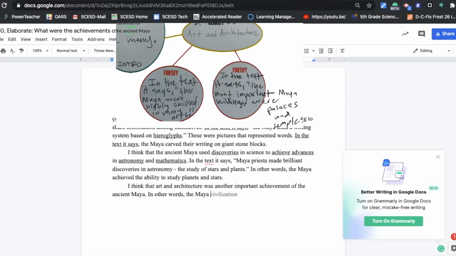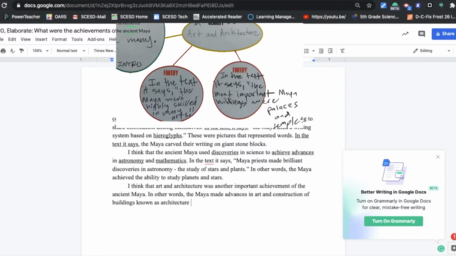the Maya made advances in art and construction of buildings known as architecture.